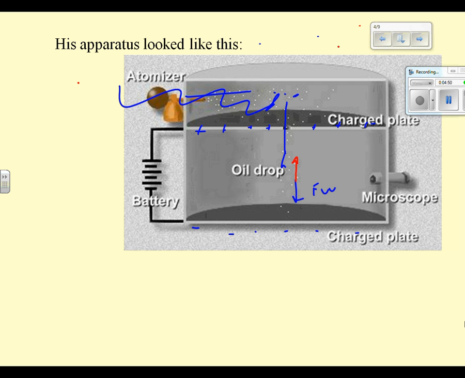When the FE and the FW are balanced, just like when the applied force and the friction force are balanced, you get zero acceleration. Net force is zero, and the object will either fall at a constant rate, or if you increase the FE a little bit and balance it off, you can actually get it to hover, which is what he did.